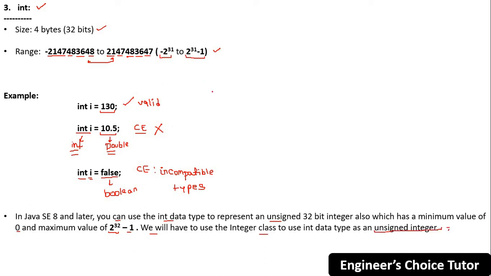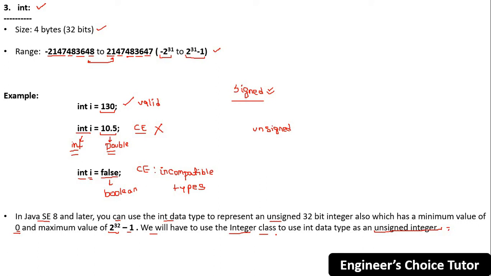By default, whatever we are learning are signed data types, right? Because you can represent negative values and positive values. But if you want to represent only unsigned values, from 0 to a maximum of 2 to the power 32 minus 1, then from Java 8 onwards you can use the Integer class. Fine.